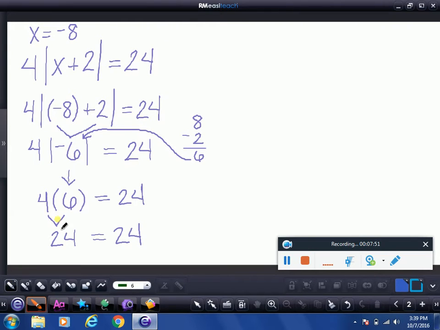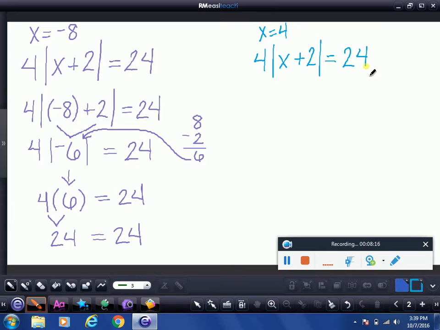Let's take a look now at the answer we got in case 2. X equals positive 4. Again, we will start off with the same equation that we had at the beginning. 4 times the absolute value of x plus 2 equals 24.